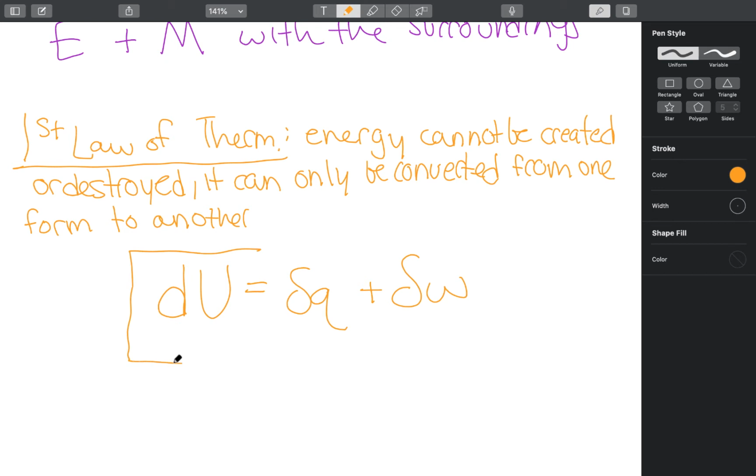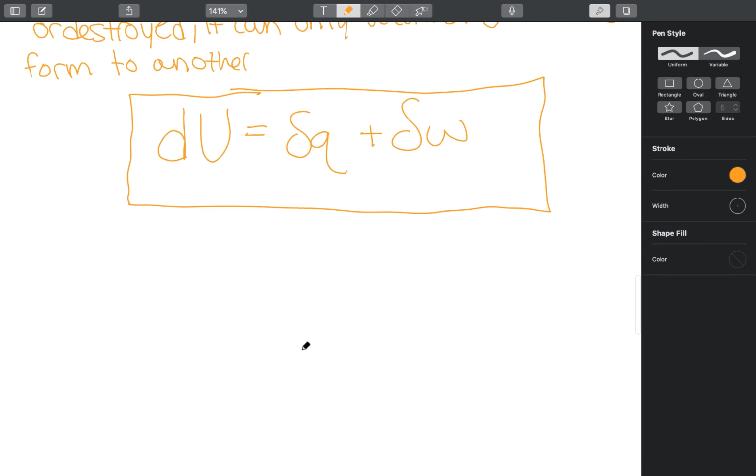This equation is the first law of thermodynamics. So we're going to go through what each of these different variables mean individually. So let's start off with the dU term.